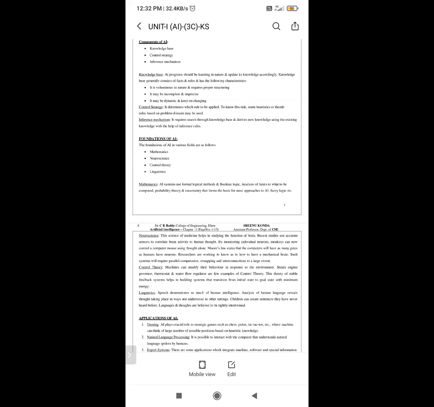So these are some of the fields where AI is used extensively. There are four areas or fields where artificial intelligence is extensively used: mathematics, neuroscience, control theory, and linguistics.